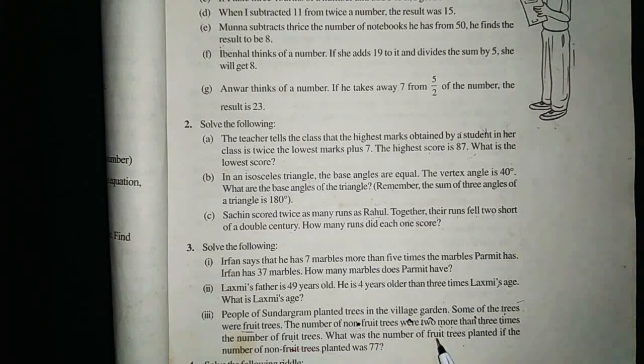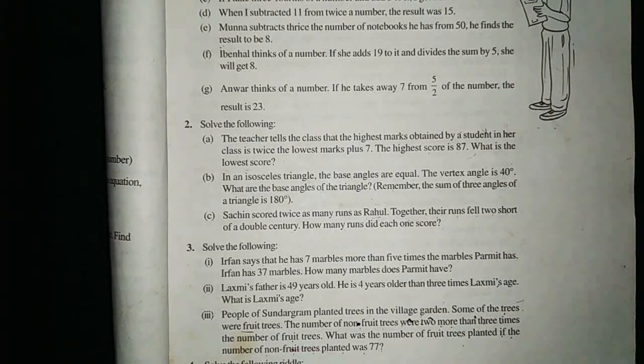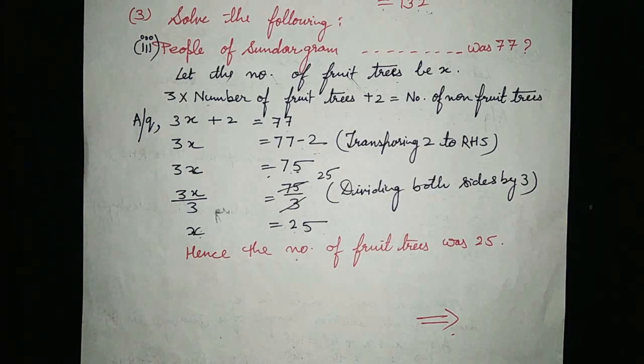What was the number of fruit trees planted if the number of non-fruit trees planted was 77?